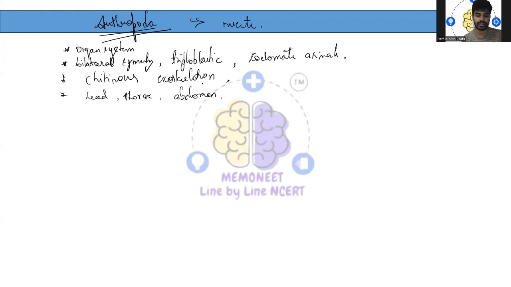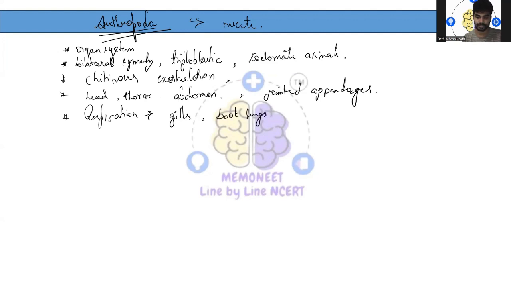You will also see jointed appendages, like legs and all. Then another important thing is respiration. The respiratory organs are gills, book gills or book lungs, or you will also see the tracheal system.